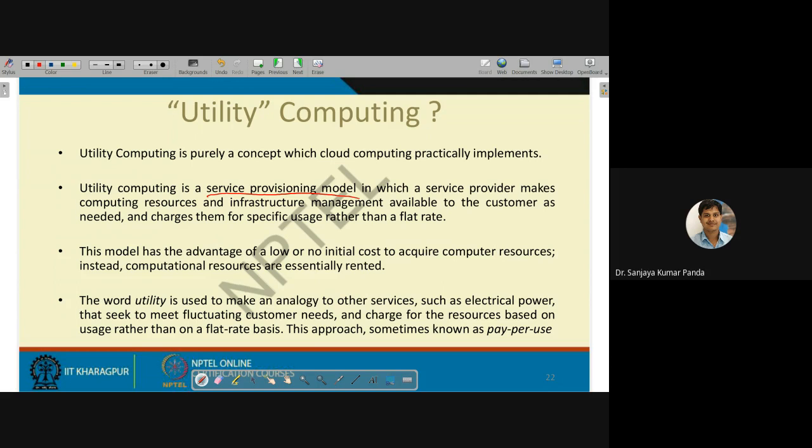Just like electric power, where every day our requirement changes, every day our consumption changes, and every month our bill is also different, right? The charge for the resources is based on usage rather than on a flat rate basis. But if you are not using the electricity, suppose you are away from your home for 3 or 4 months, then you pay a base charge, let it be 100 rupees or 200 rupees.